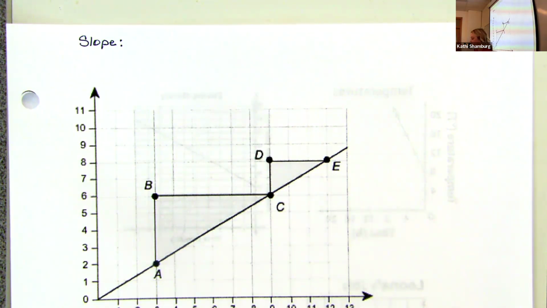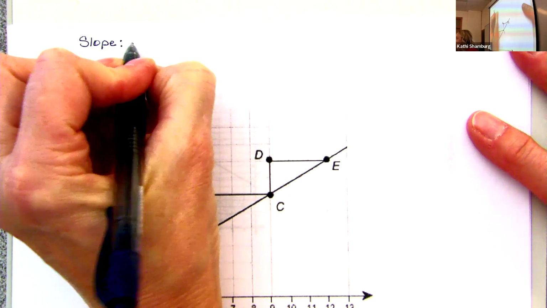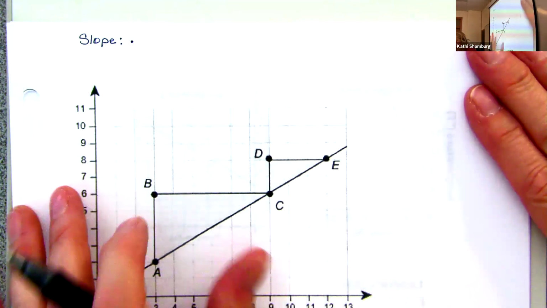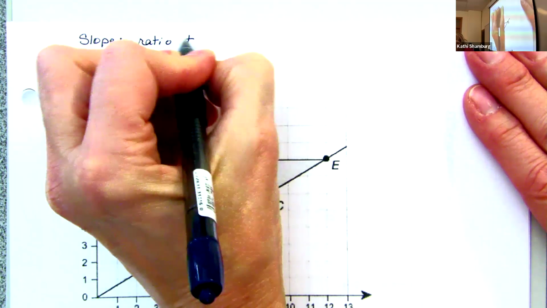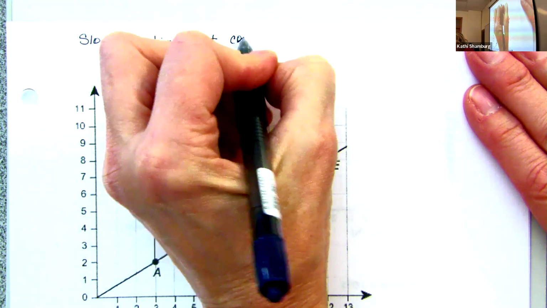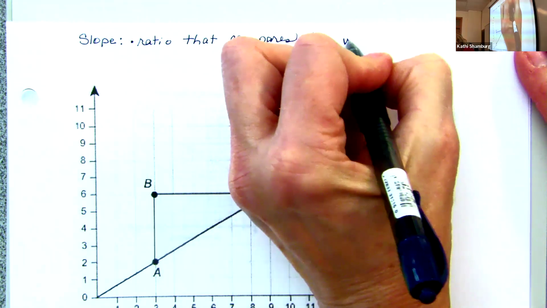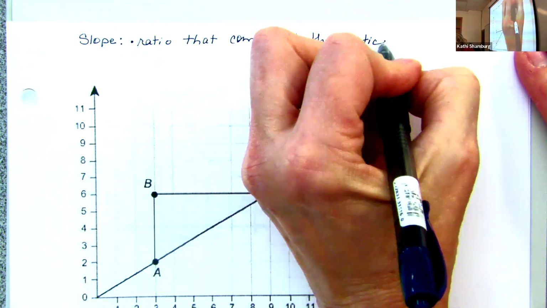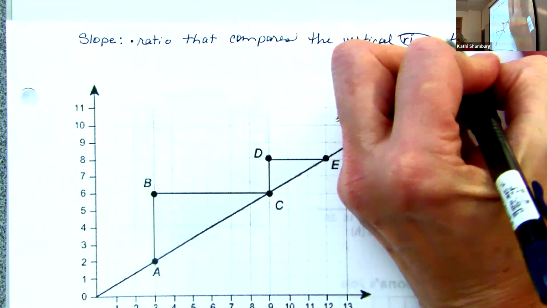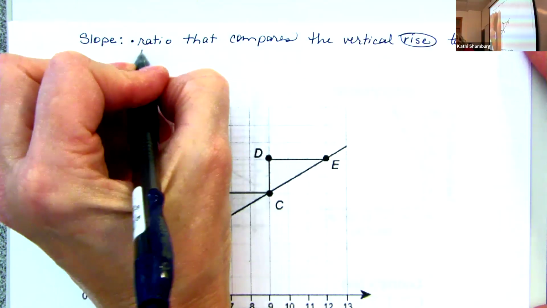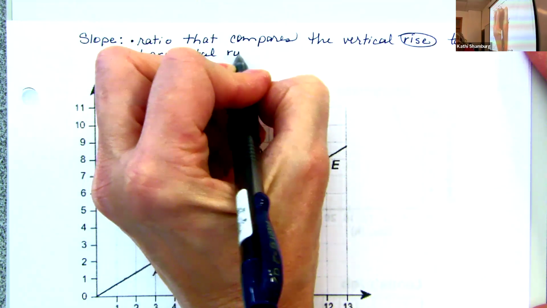Rise over run. Okay, so let's look at a few definition type things, and then we're going to talk about both of those. All right, so a slope is a ratio that compares the vertical rise, so there's that word rise, to the horizontal run.